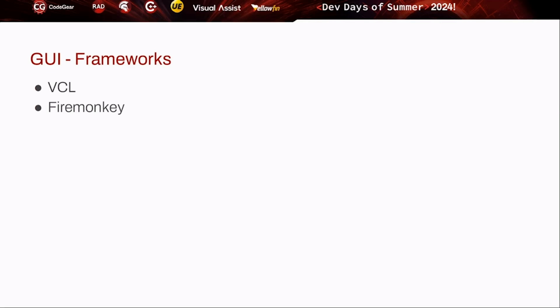They also ship the FireMonkey framework, which is a much newer framework developed by the Embarcadero team, and is primarily aimed at the related product Delphi users for multi-device applications.